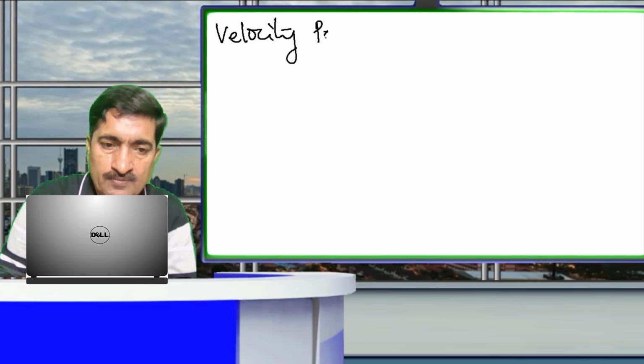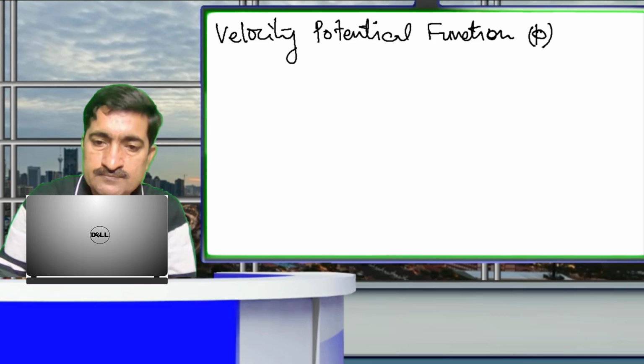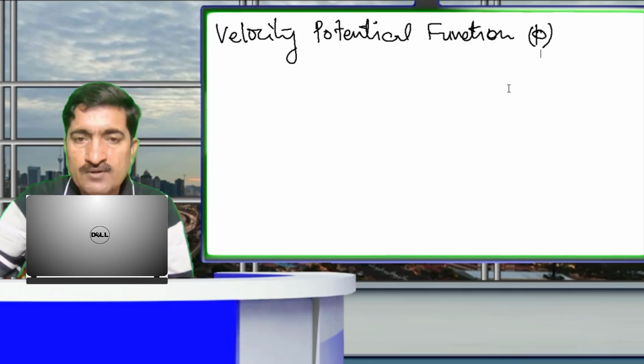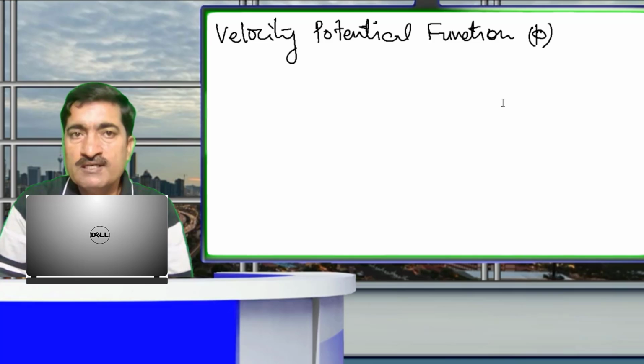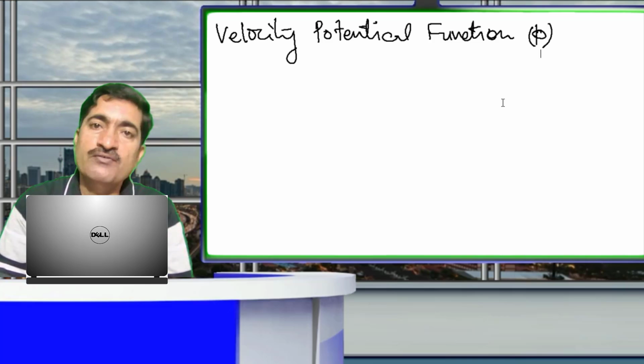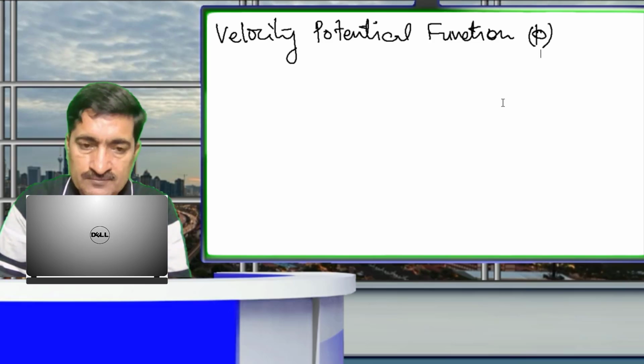Velocity potential function phi is basically defined as a scalar function of space and time such that its negative derivative with respect to any direction will provide us the velocity of fluid particle in that direction.